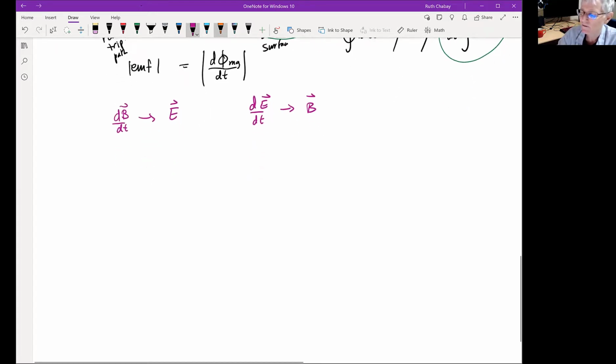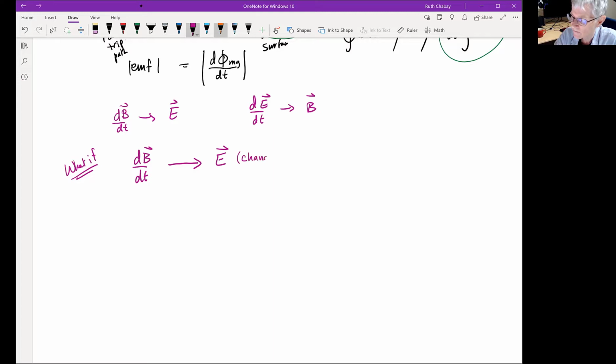So think about that for a minute, though. You have to ask yourself, what if we had a time-varying magnetic field that made an electric field, but this was varying in such a way that this was actually a changing electric field?